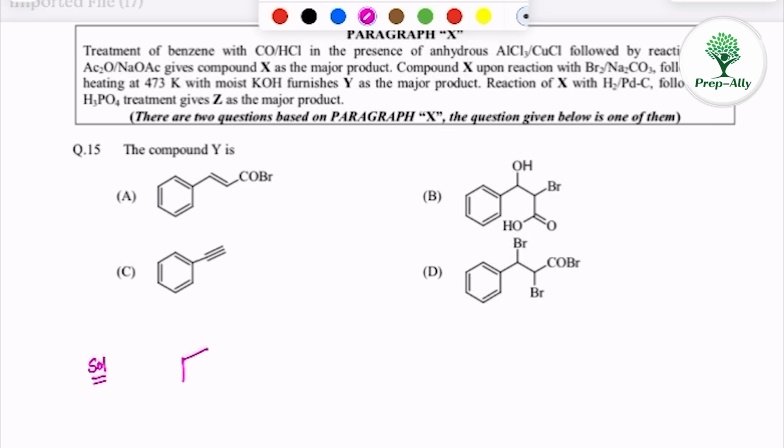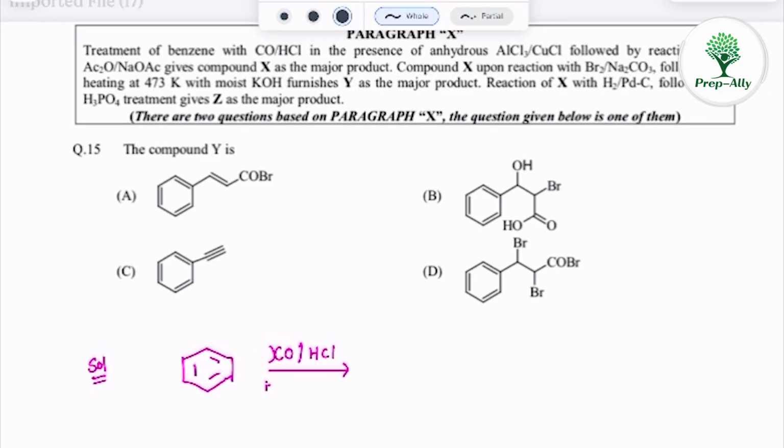So, first point is benzene upon reacting with carbon monoxide and HCl, in presence of AlCl3 and copper chloride.